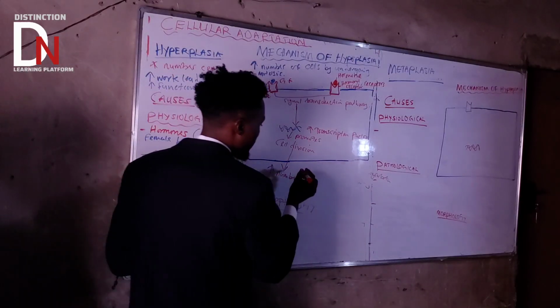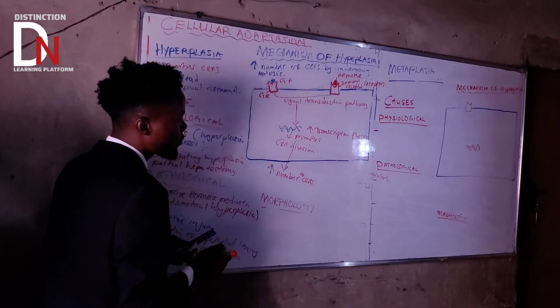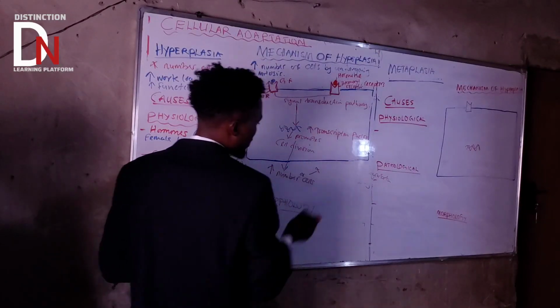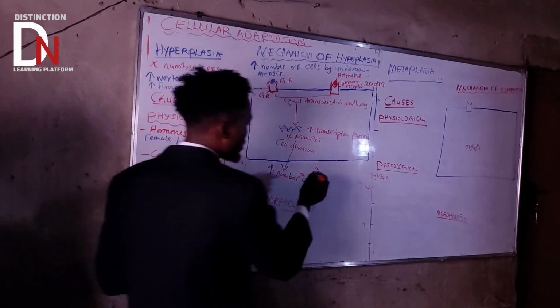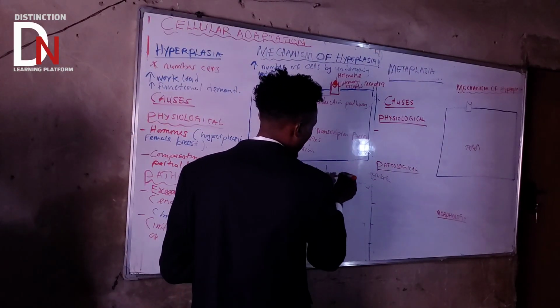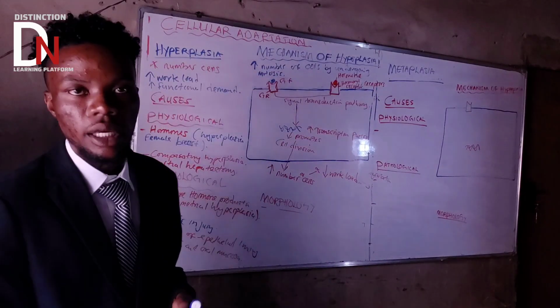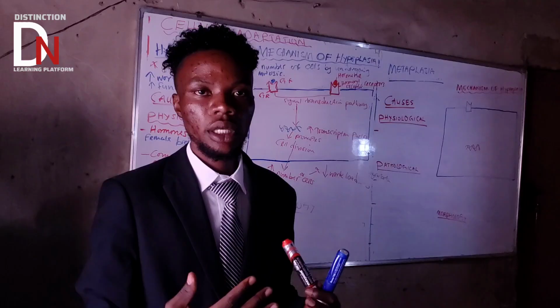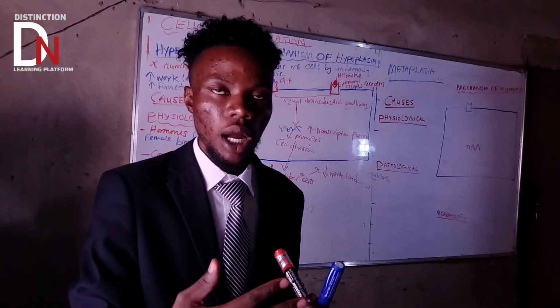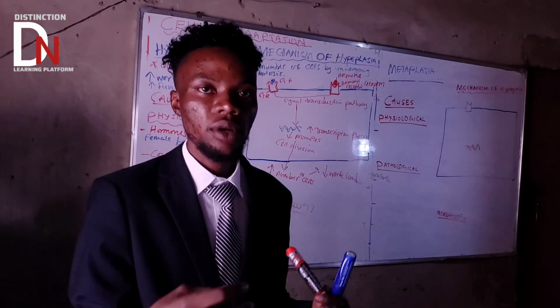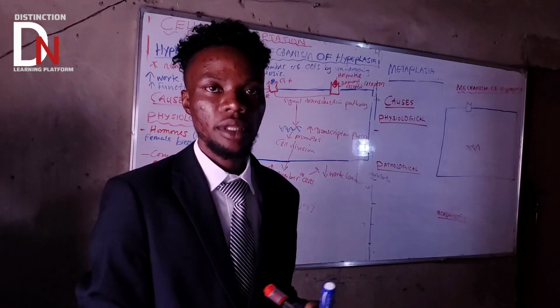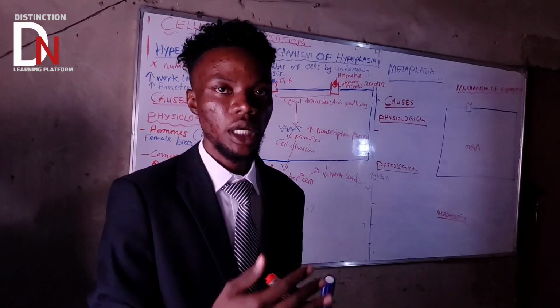What happens now if there's an increase in the number of cells? It's going to decrease workload. If there are a lot of cells, the amount of work given to each cell is going to decrease, because there are many cells sharing that workload.